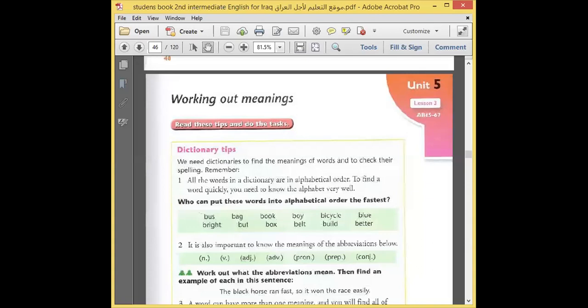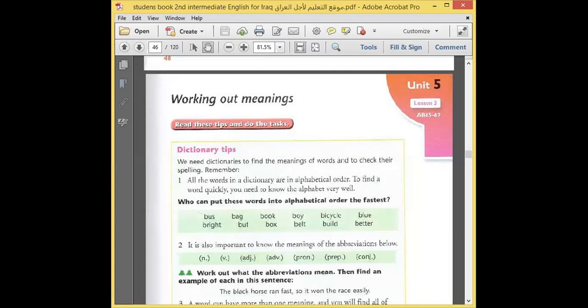If you read the dictionary tips, they give you slight information about dictionaries. Do you remember what we said about dictionaries and in which section you can find them in a library? I hope that you remember this information.